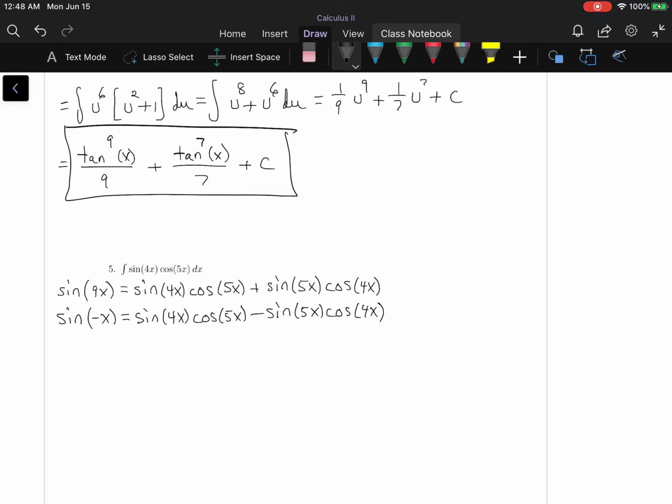And what made me think of looking at both of these is I realized that even though the sine 4x cosine 5x was present in the first one, it would give me back a sine 5x cosine 4x, which gives me the same type of problem that I'm trying to solve already. And so I was wondering if the second equation might be helpful, but that has both terms in there also.